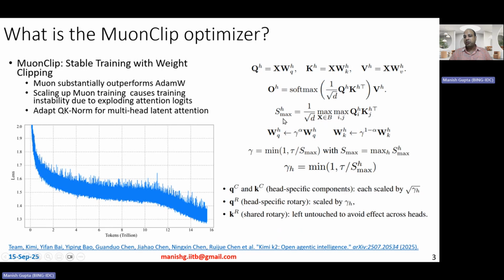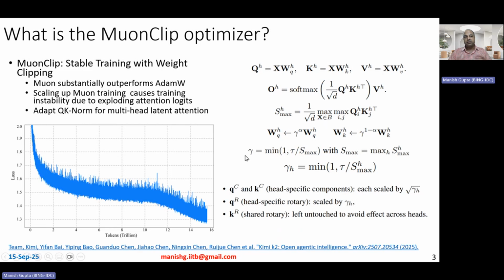Now, obviously, gamma has to depend on this max QK value, right? So essentially, the gamma is calculated as min over 1 comma tau divided by S max, where S max is the maximum across all heads, right? So that's basically that.